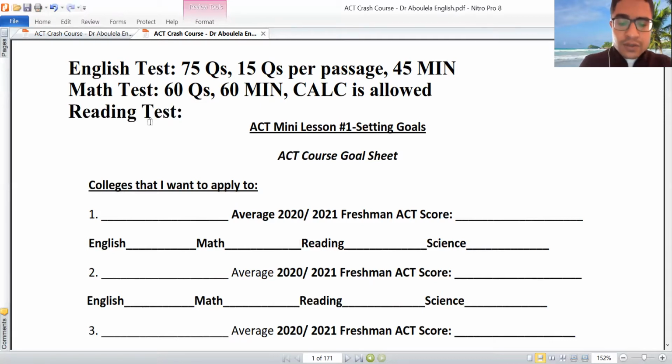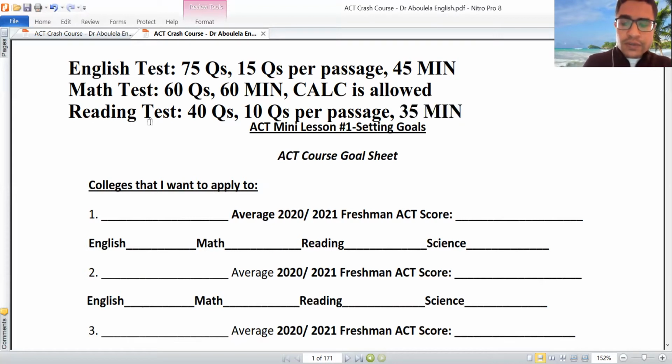The reading test has 40 questions, 10 questions per passage, and you have 35 minutes. And then you have the 4th test, which is the science test. You have 40 questions in the science test, and again in 35 minutes.